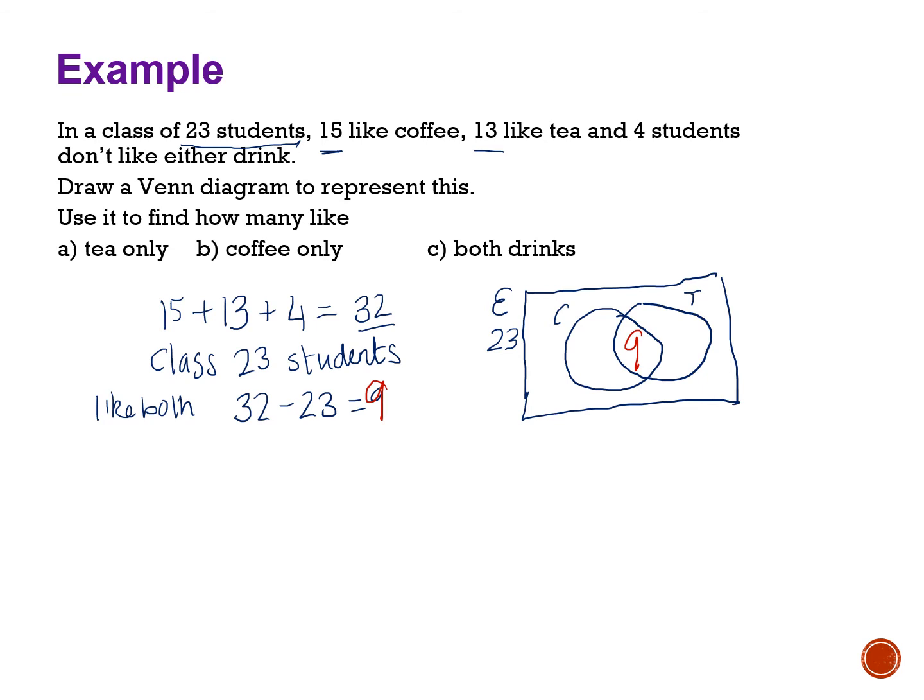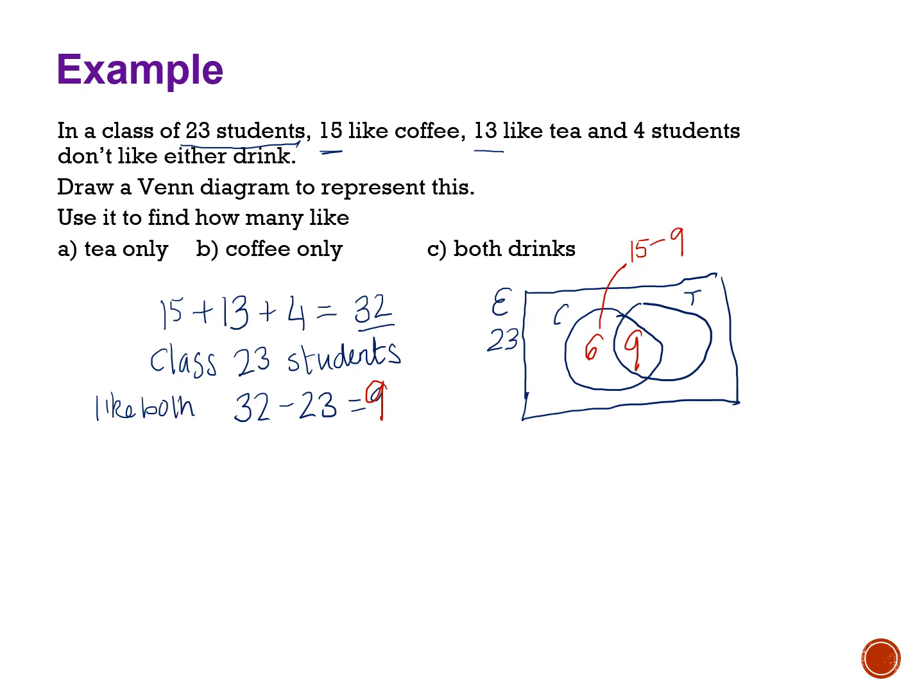Okay, right, now I can fill in the rest of the diagram. My question says 15 like coffee. So in total, in that circle for C, there needs to be a total of 15. There's 9 in the intersection. So what that tells me is there must be 6 in here. Okay, because that 6 comes from doing 15 take away 9.